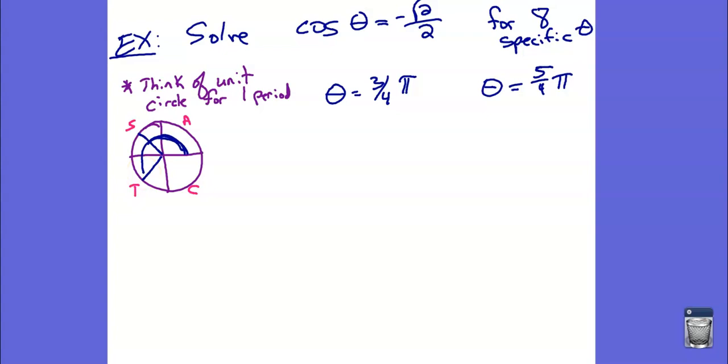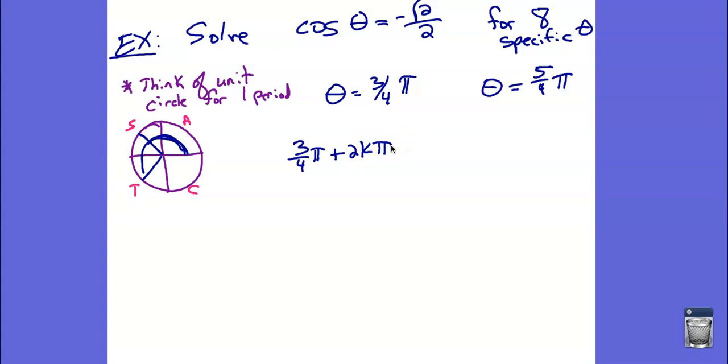Now, how do I want to find 8 specific ones? So normally what we would do is 3/4 pi plus 2 pi k, or 2k pi. I'm so used to writing 2k pi, and again, it does not make a difference. If you wrote 2 pi k, that's fine.